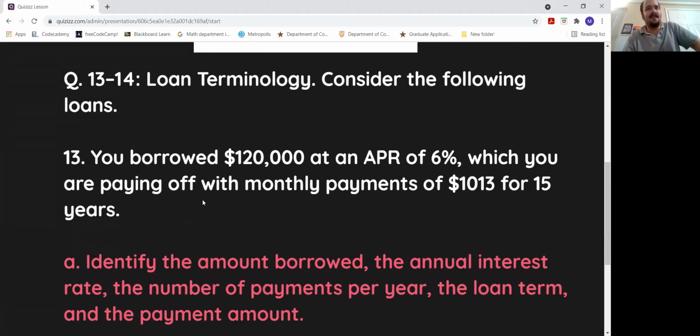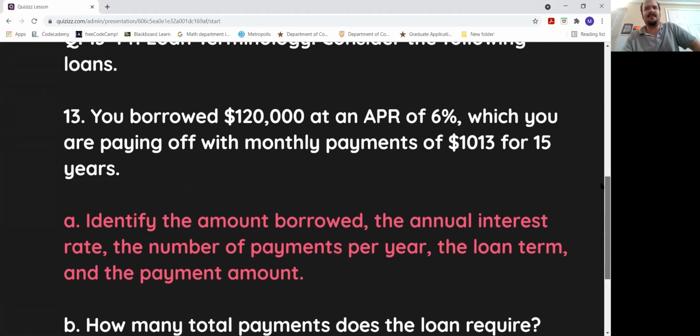So they're kind of setting things up on this one a little bit to make things easy. So we're not even using that formula on the formula sheet, is what it sounds like. But if we wanted to identify, the first thing is the amount borrowed. Oh God. I hope you don't spend too long on that one. But you borrow what? 120K.